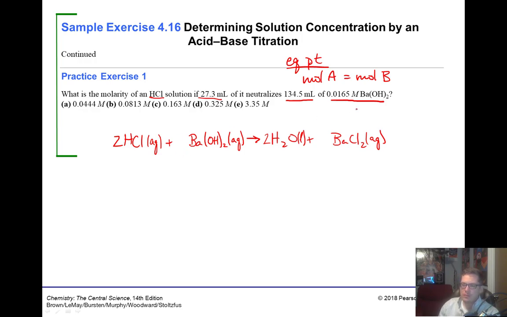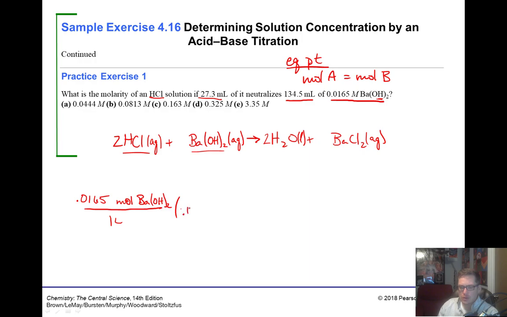So the moles of the barium hydroxide, specifically the hydroxide that we added, is going to be equal to the moles of HCl. So really we just have to convert that to that, right? So we've got to figure out how many moles of barium hydroxide we started with. So once again, we're going to use our little cheat here. We're going to say, well, that's 0.0165, and molarity is the same thing as saying moles per liter. So we'll write moles barium hydroxide for every 1 liter. And we need to get rid of our liters. So you should be noticing a pattern from the last problem here.